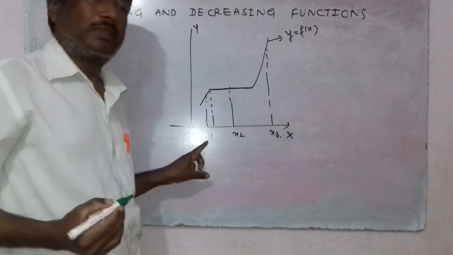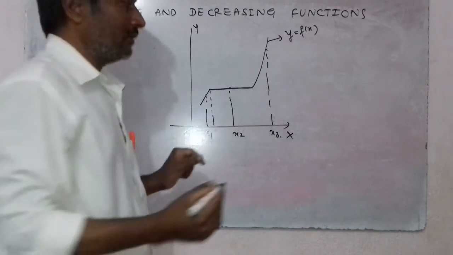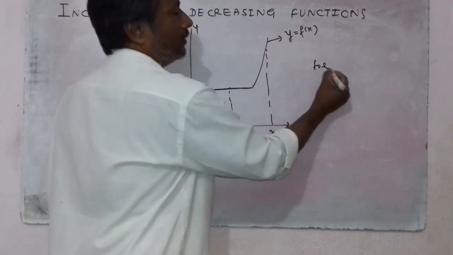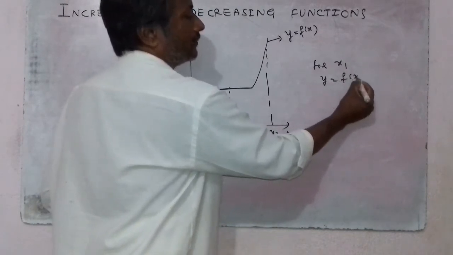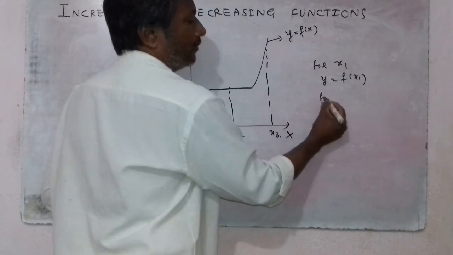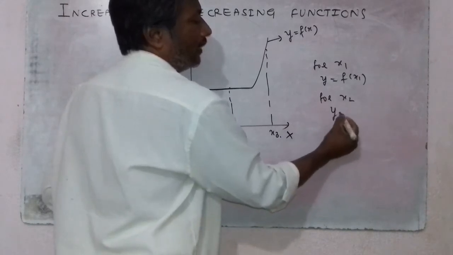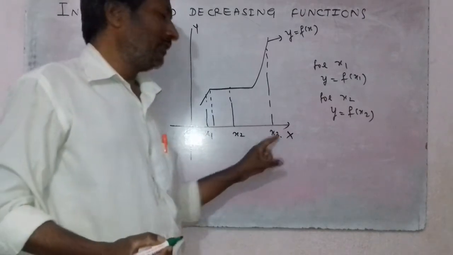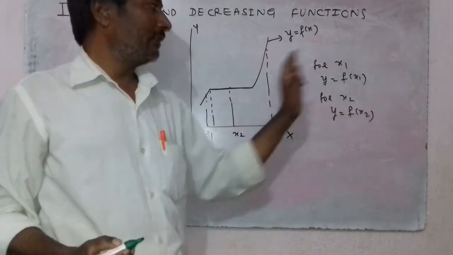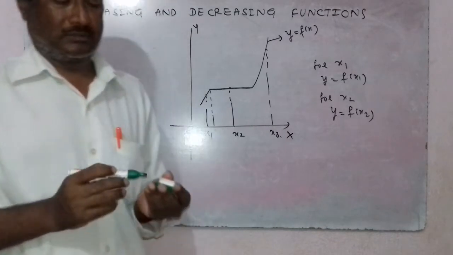If we put x1 in this function, for point x1, y equal to f of x1, for x2, y equal to f of x2, f of x3, f of x4, like that the function values are increasing.